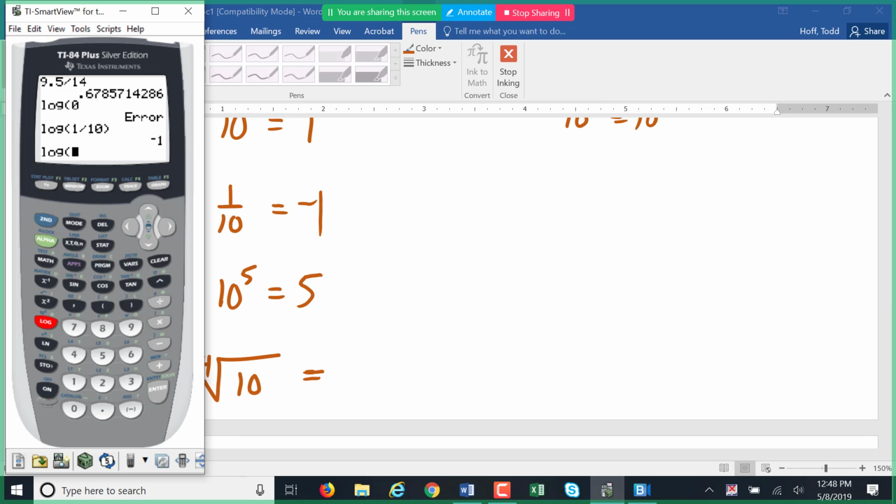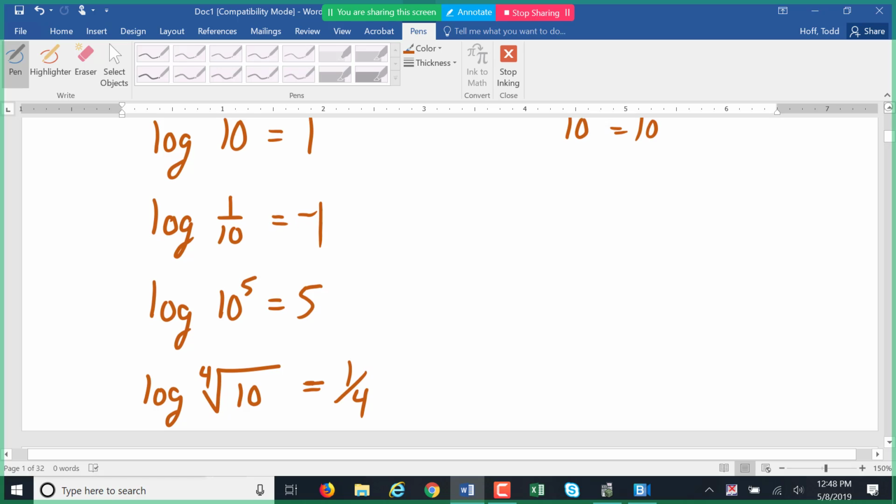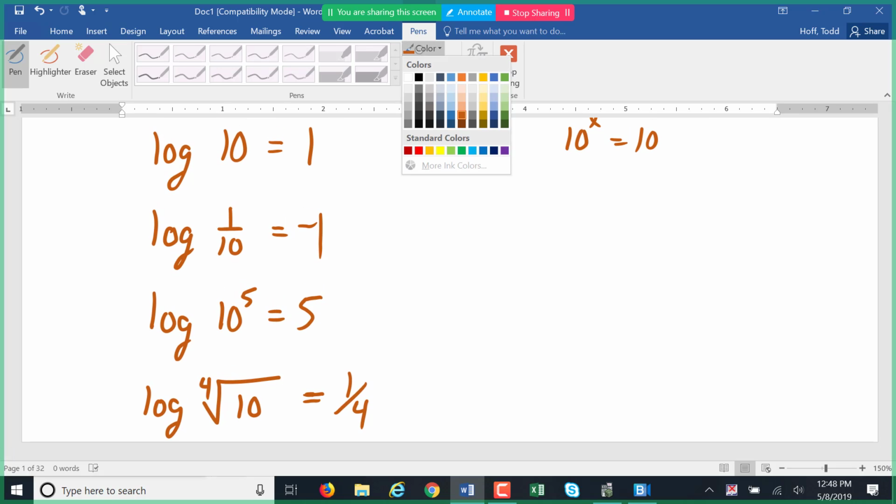So it might be a little tricky to punch in. Log of the 4th root of 10, we get 0.25 or 1/4. Now there's a pattern here that you may have gathered from yesterday.